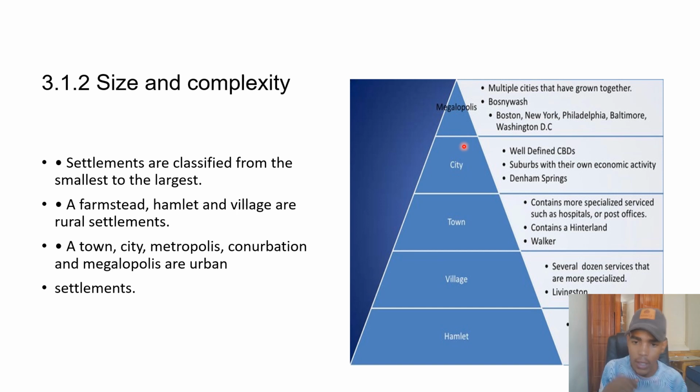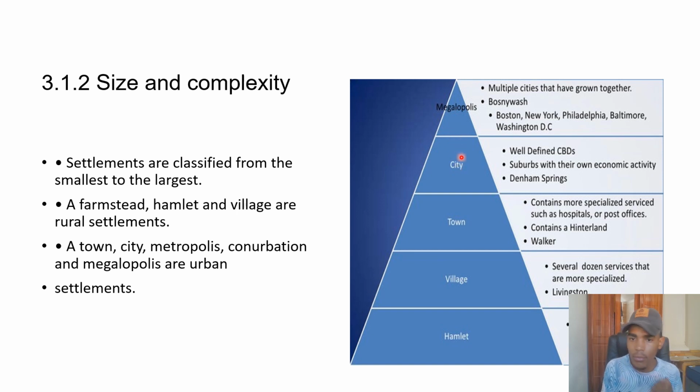Meaning that for us to have a village, we need more hamlets joined together, then we have a village. For us to have a town, we need more villages together to increase the population, then we have the town. From town to city, many towns coming together, increase in population, increase in size, lead us to a city.